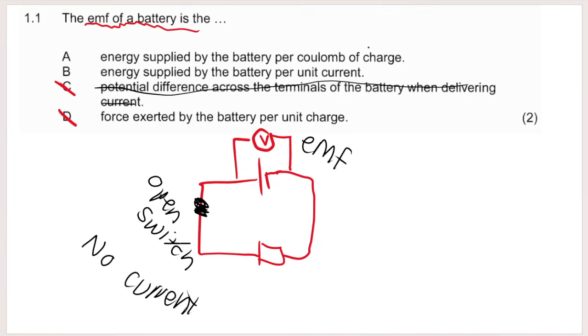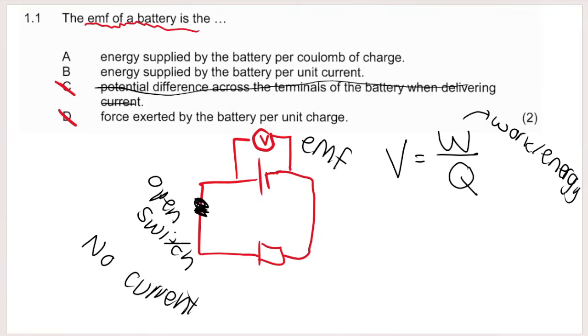Now, EMF, as I mentioned, is potential difference or voltage. If you look at this formula for voltage, which is on your formula sheet, V is voltage or potential difference. W, what is that? That is work or energy. And Q is charge.